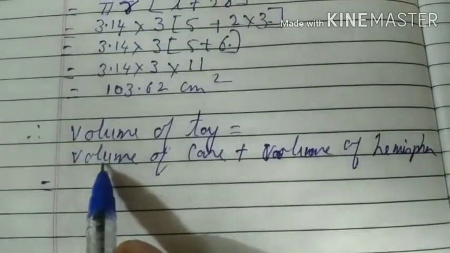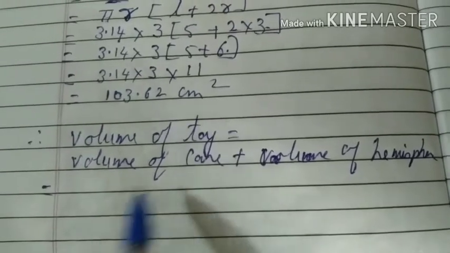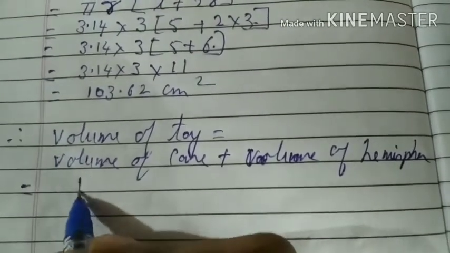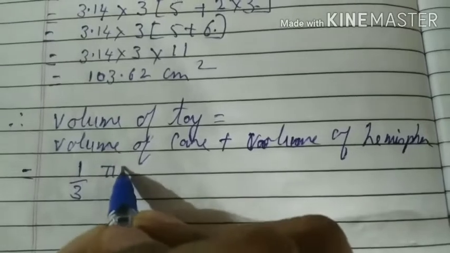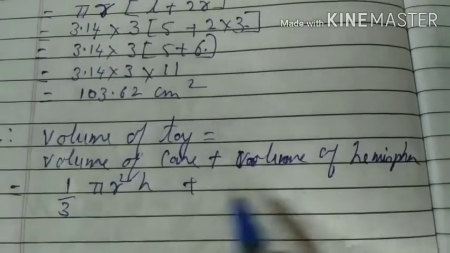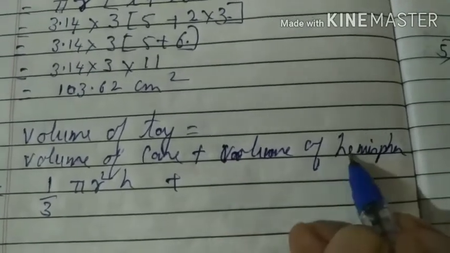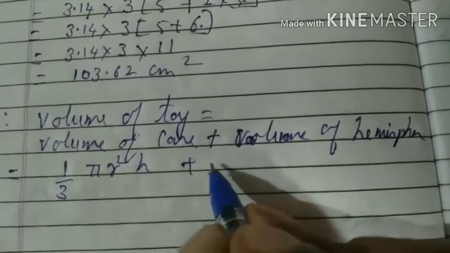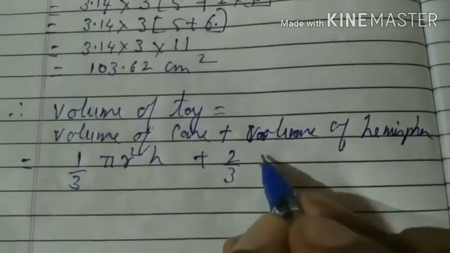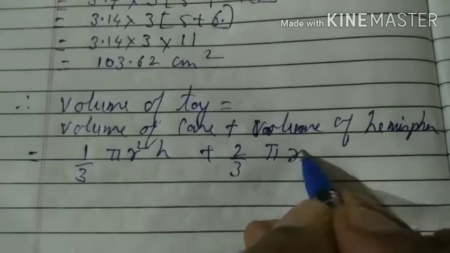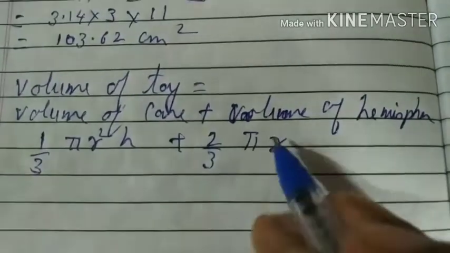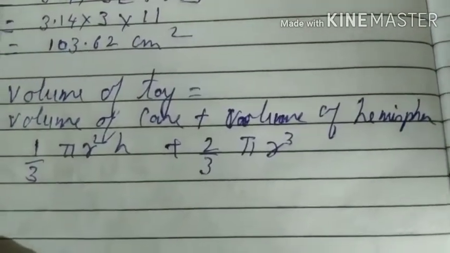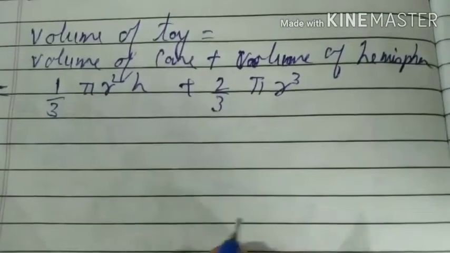So formula for volume of cone is 1 by 3 pi R square H, plus the formula for volume of hemisphere is 2 by 3 pi R cube. So again see, we can see here.